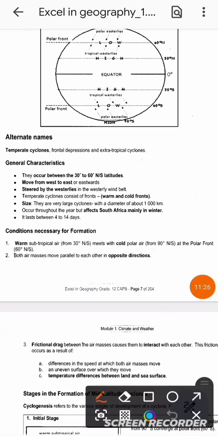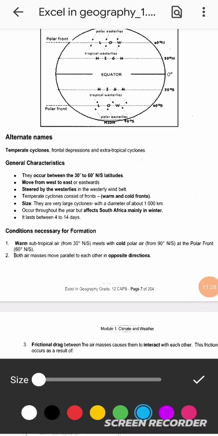What this basically means is that your warm subtropical air meets with the cold polar air at what?